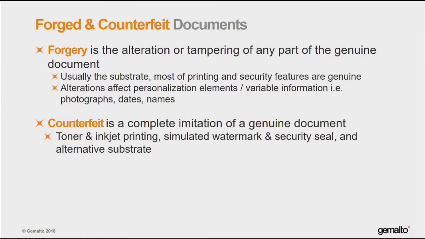On forged documents, as was mentioned earlier this morning, a forged document is when someone alters the data in a document. Typically they're altering the photo or some of the dates or names on the document. Counterfeiting is when they produce a look-alike, a complete imitation of the genuine document.